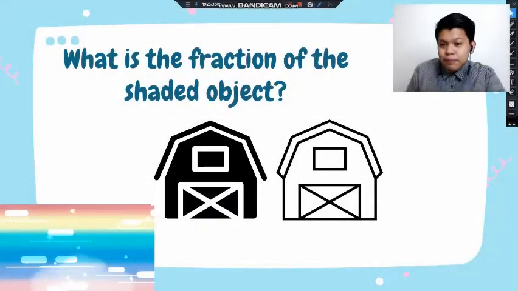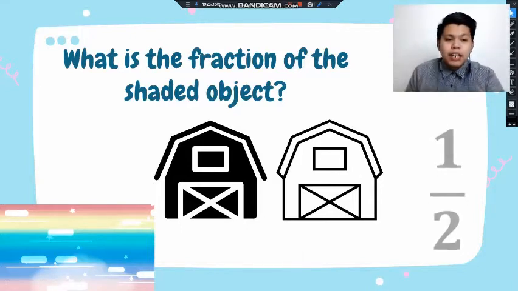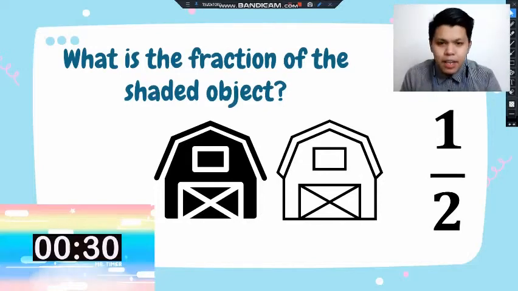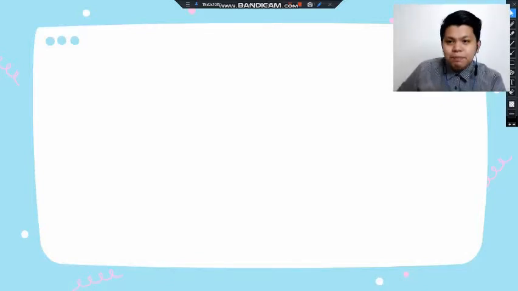Time's up. Let's check your answers. So for this one, you have two halves. So that is 1/2. One is shaded, one is not. That is 1/2.